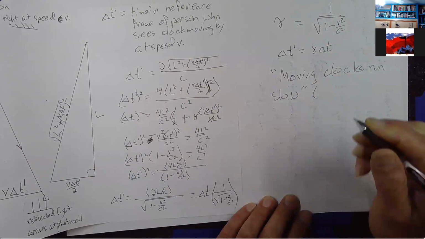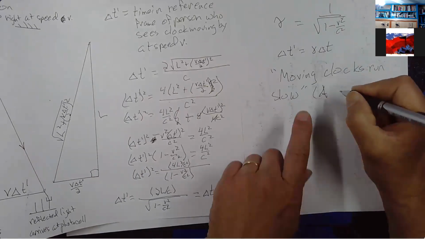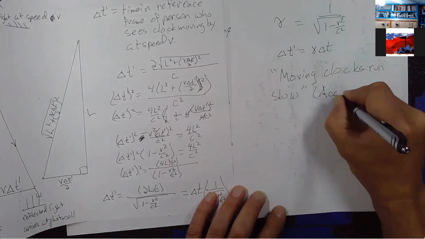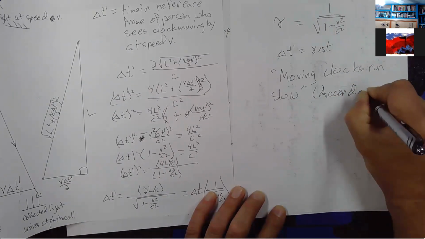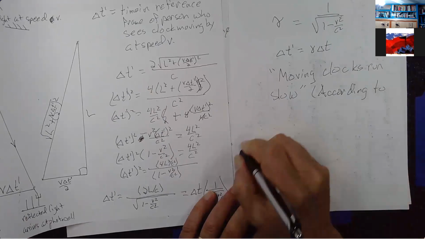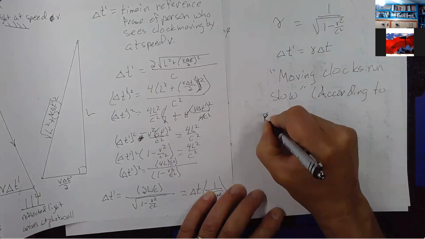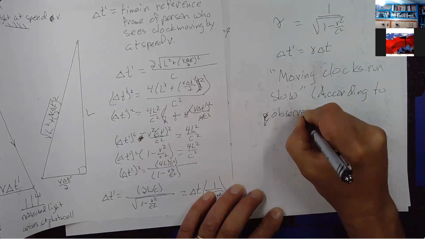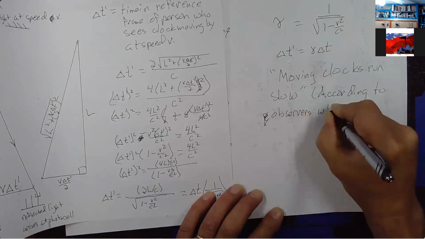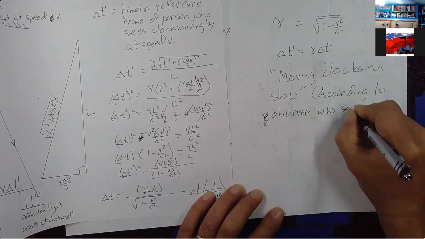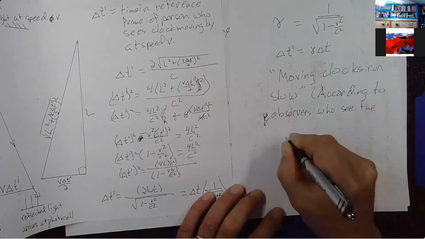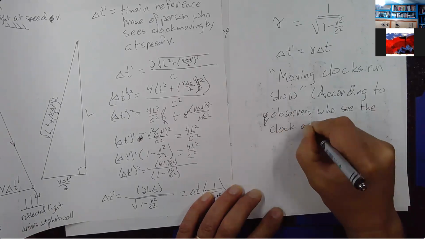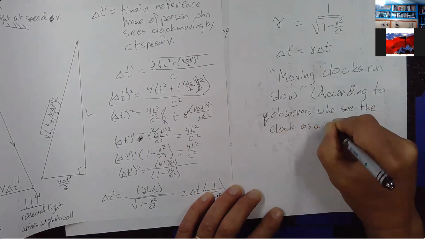But that's according to, I'll have to get rid of this piece of paper. It was written on too much. According to, I'll just say observers who see the clock as a moving object.